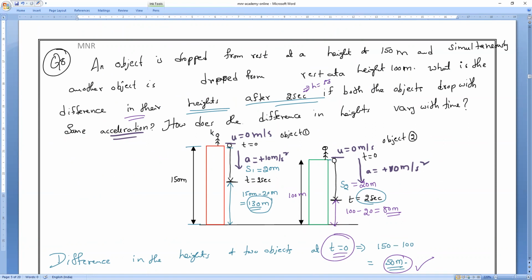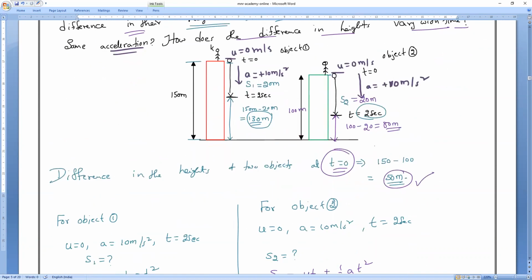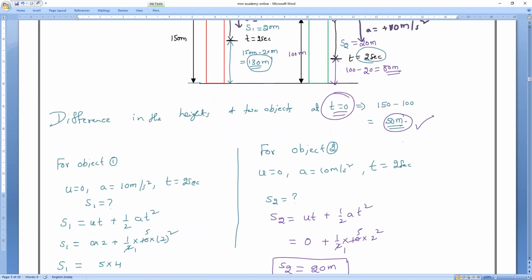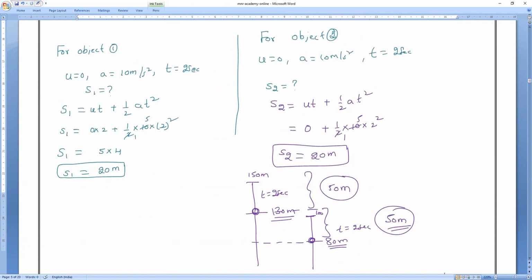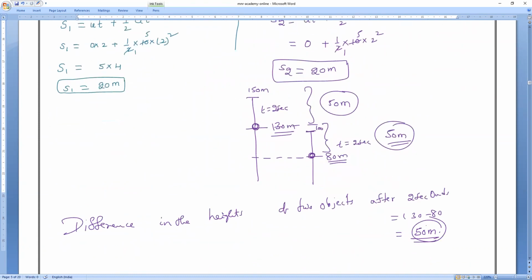Next. How does the difference in heights vary with time? So we verified, is it same or different? As time varies, at t equal to 0, 50 meters only is the difference. At t equal to 2 also, what is the difference? Same, 50 meters. Yes or no, guys? Please respond. Yes, sir.